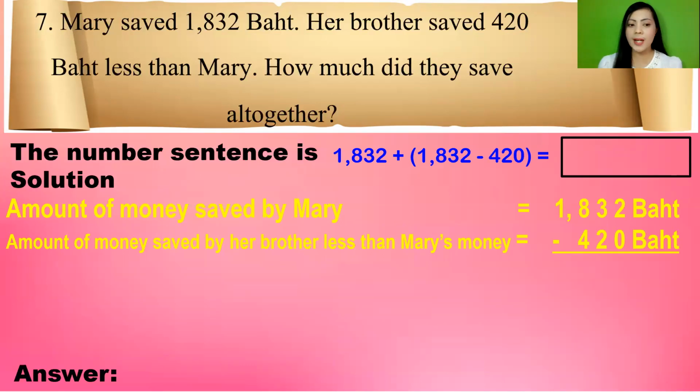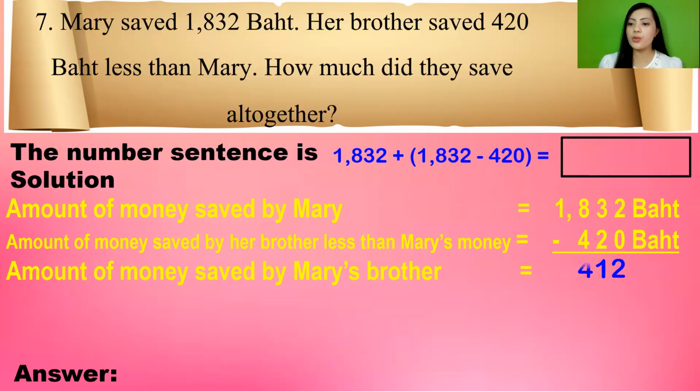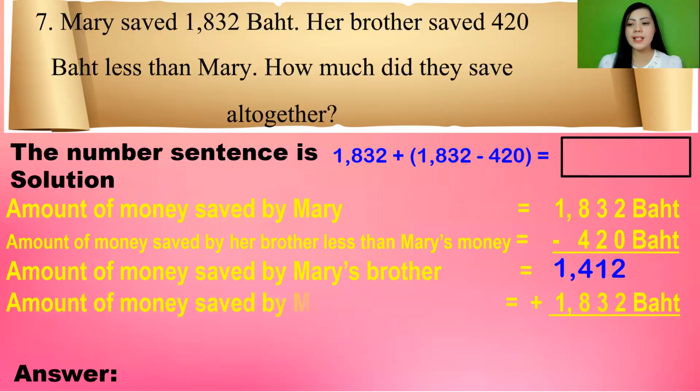That's minus, all right? The amount of money saved by Mary's brother. Let's solve first. 2 minus 0 equal to 2. 3 minus 2 equal to 1. 8 minus 4 equal to 4. 1 minus 0, nothing there, equal to 1. So the amount of money saved by Mary's brother is 1,412 baht.